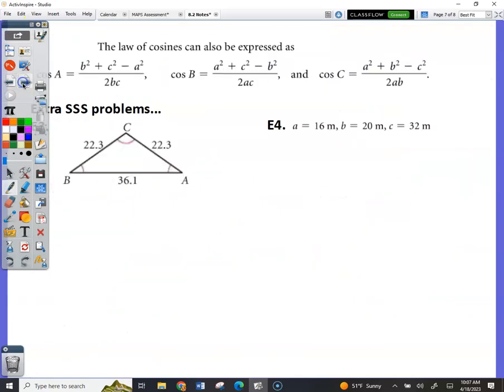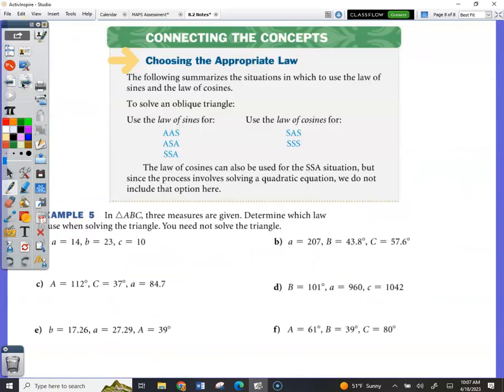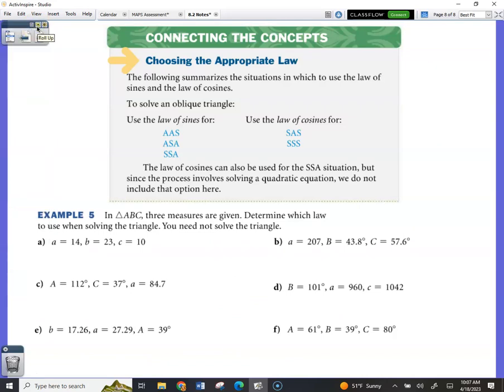So if we go to this slide right here, we have a triangle. They give us these measurements or values, and we have to determine what we have here. We have three given sides.